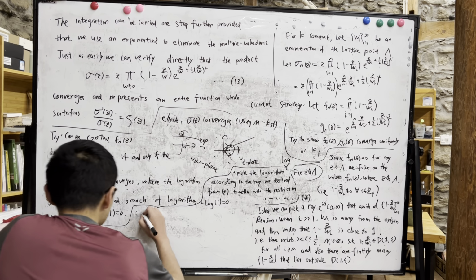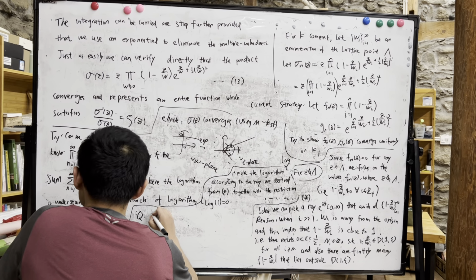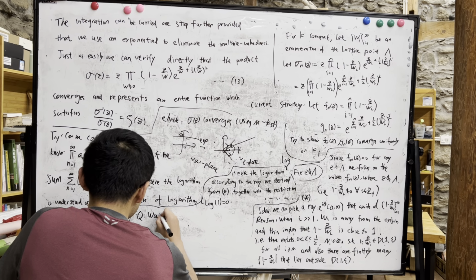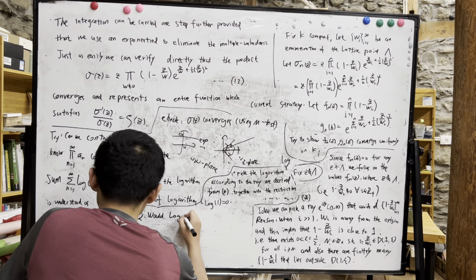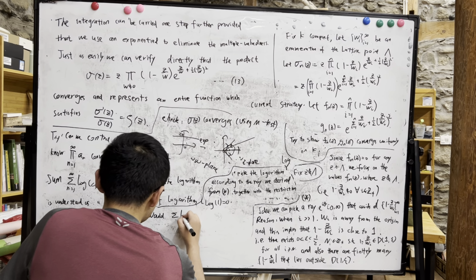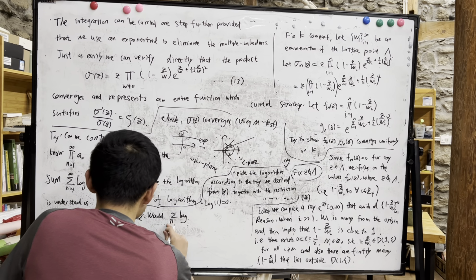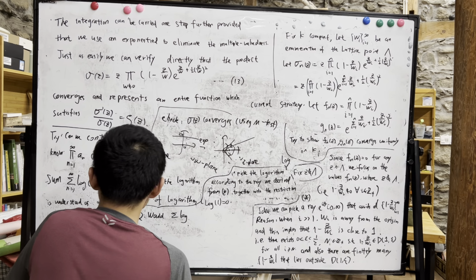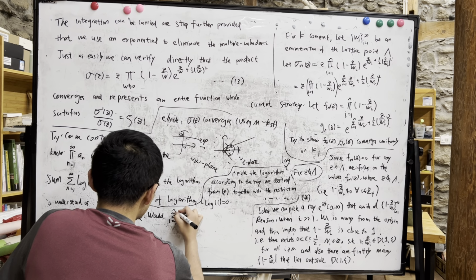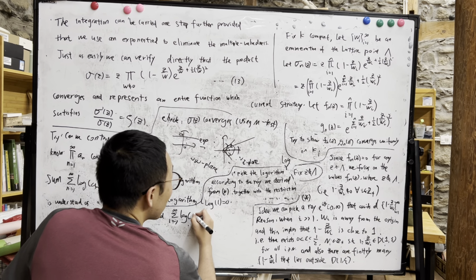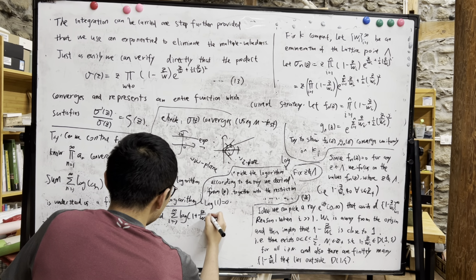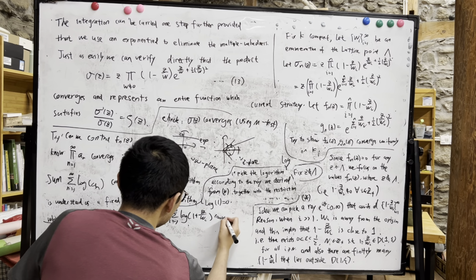The question becomes: under this log, does the sum over I from 1 to infinity of log of 1 plus z over omega I converge?